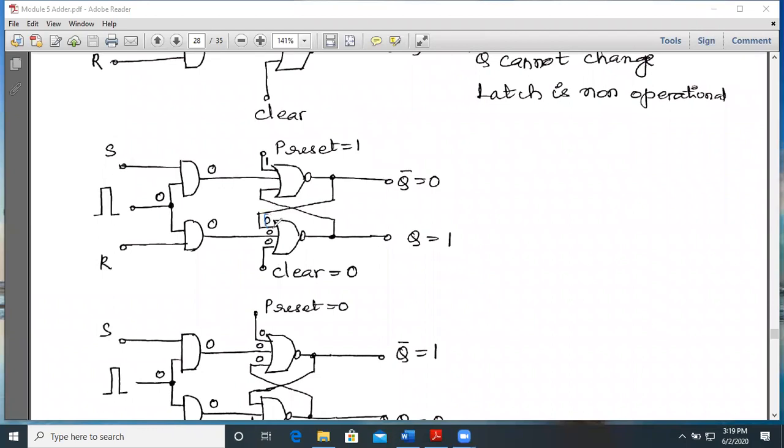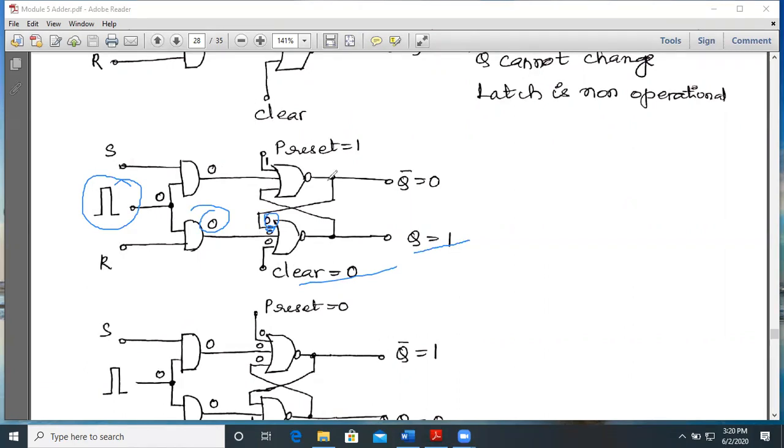So this Q bar appears over here, and here the R input is 0, because whatever may be the R and S input, the clock is 0 over here. Since there is no clock, we are getting 0 over here. That 0 is fed over here, and also the clear signal is 0. That means all the three inputs are zeros. So when all the inputs to the NOR gate are 0, obviously we are getting Q as 1.